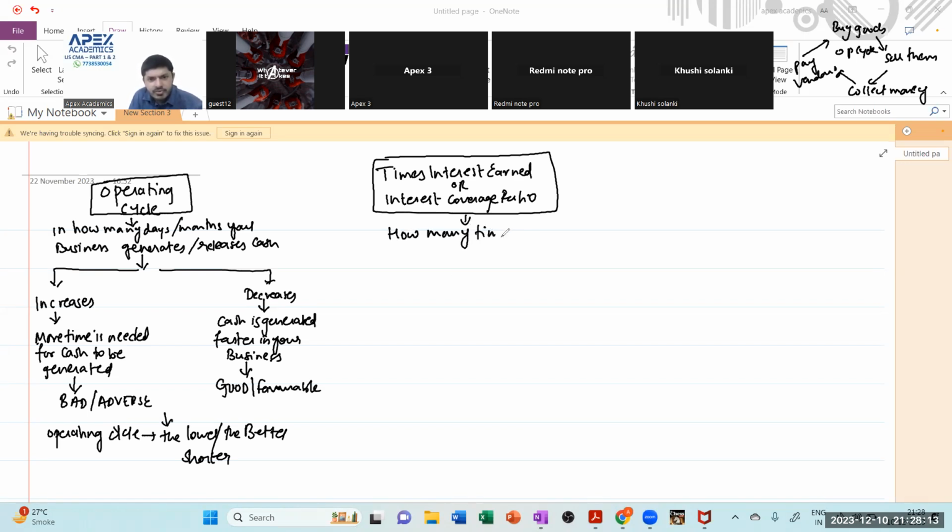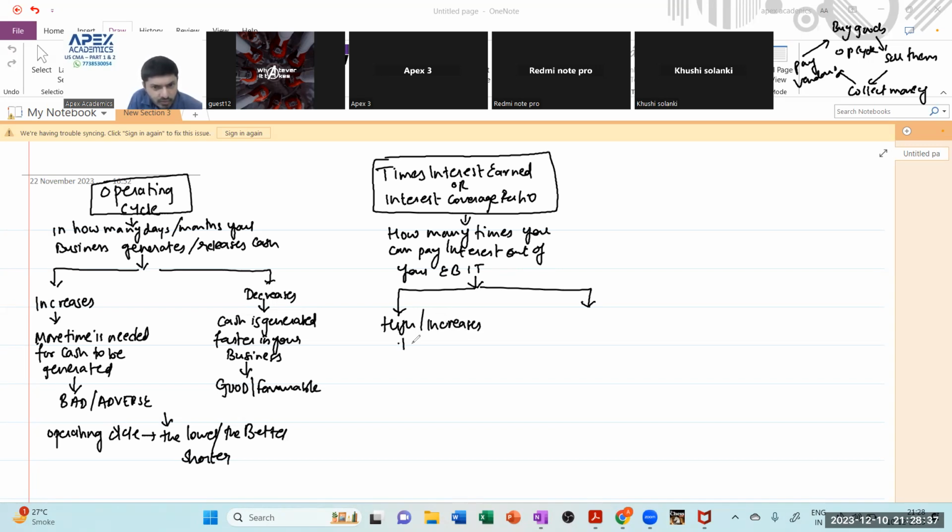How many times you can pay interest out of your EBIT? Agreed or disagreed? This is what I just discussed with you. If this is high or it increases, what does it show you?